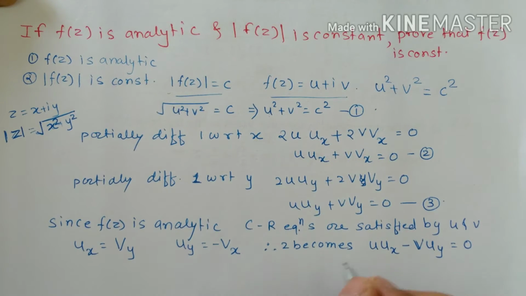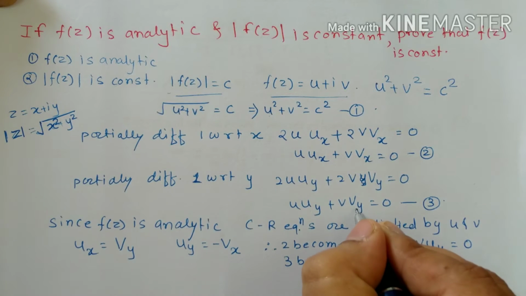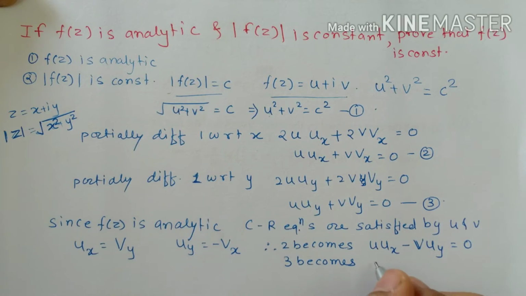And 3 becomes, here vy is replaced by ux, so we get u uy plus v ux. Are you clear with that?